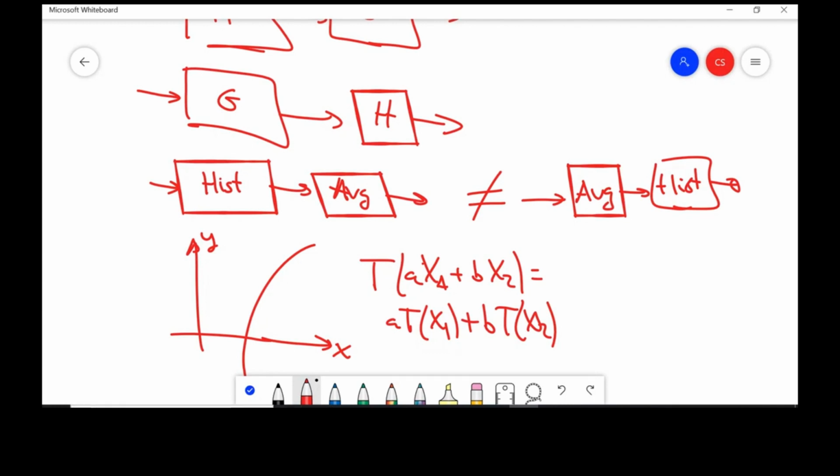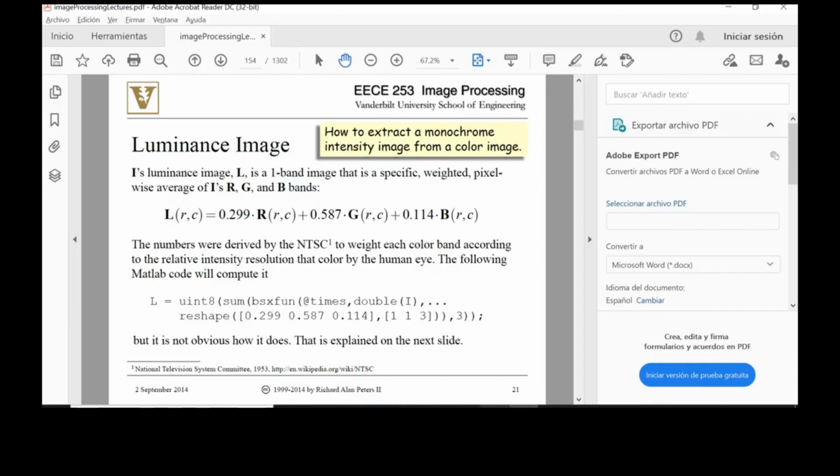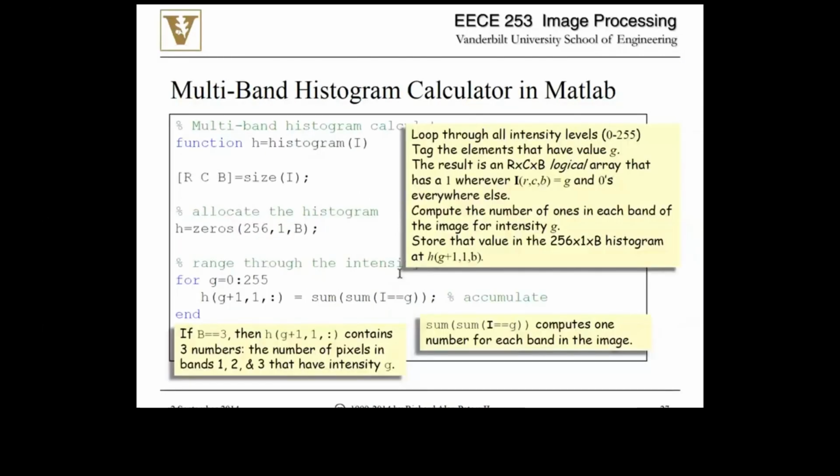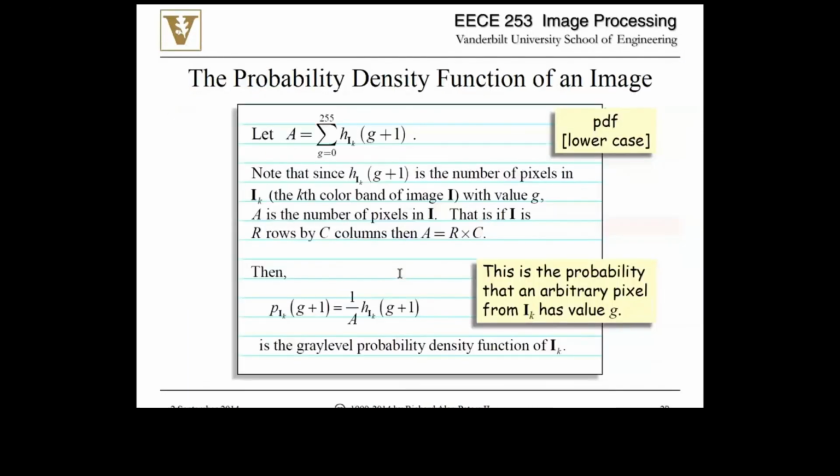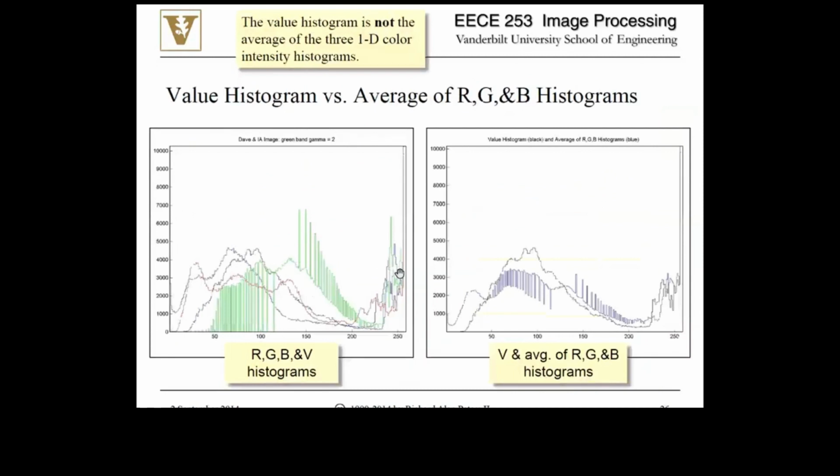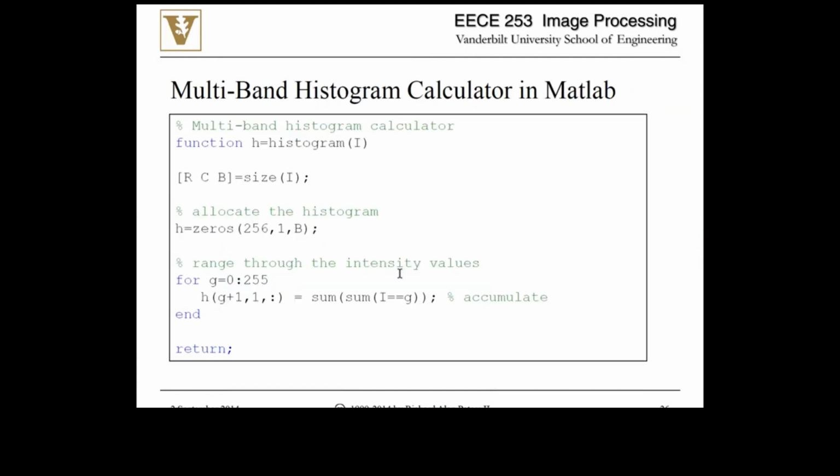Okay, good. So this is a demonstration of that idea. You can compute the average of the histograms, and that doesn't give you the histogram of the average. Okay, good.